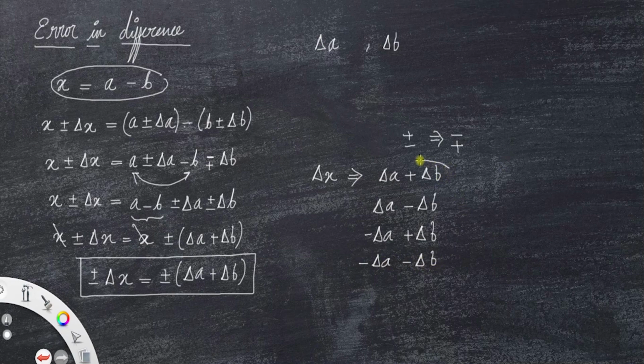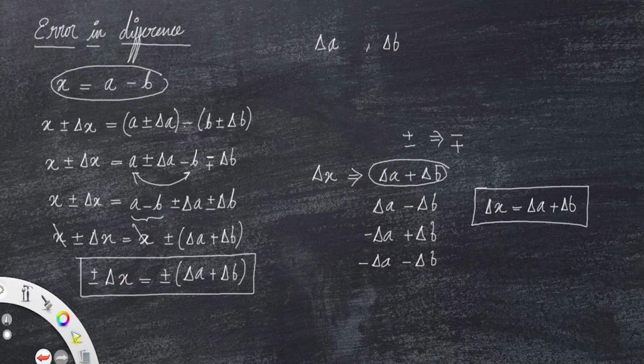Of these four combinations, this one is the maximum possible absolute error. So the final expression will be delta x, that is the maximum possible error in the difference of two variables, equal to delta a plus delta b. Clear? So this is the final expression.